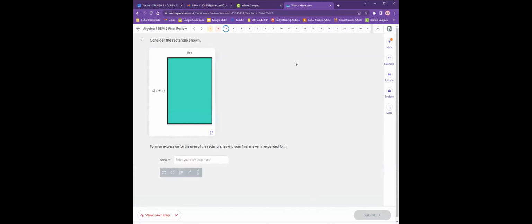Okay. Form an expression for the area of the triangle, leaving your final answer in expanded form. So it'd be 4 times (u plus v) times 9uv. Does it want us to multiply that out?